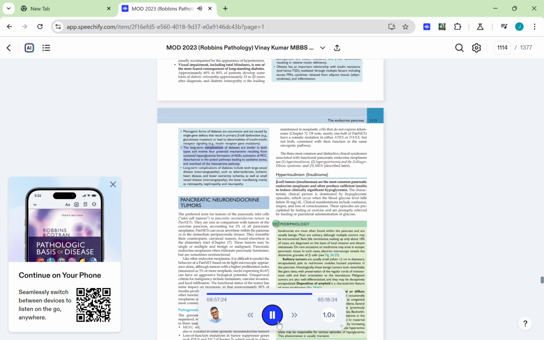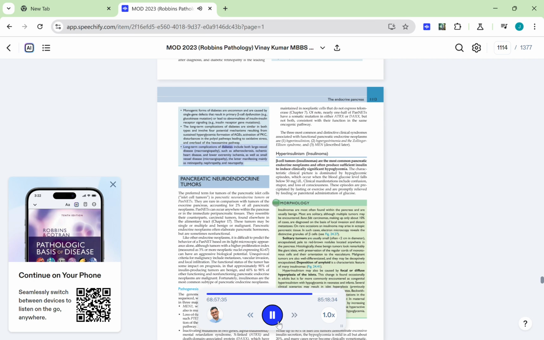The long-term complications of diabetes are similar in both types and involve 4 potential mechanisms resulting from sustained hyperglycemia: formation of AGEs, activation of PKC, disturbances in the polyol pathways leading to oxidative stress, and overload of the hexosamine pathway. Long-term complications of diabetes include both large vessel disease such as atherosclerosis, ischemic heart disease, and lower extremity ischemia, as well as small vessel disease, the latter manifesting mainly as retinopathy, nephropathy, and neuropathy.